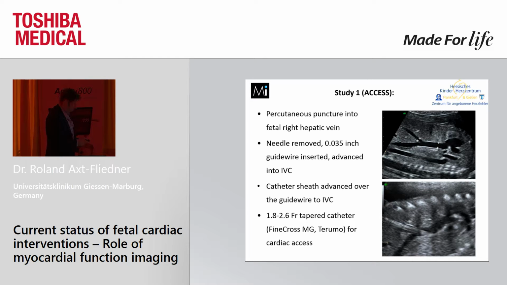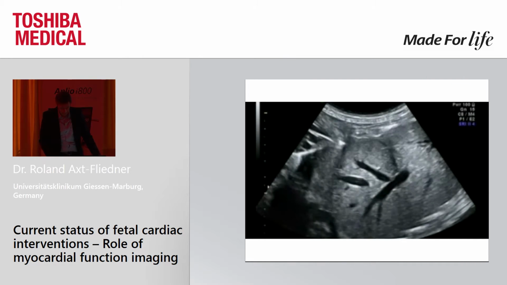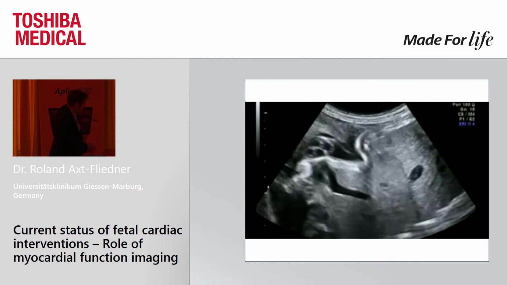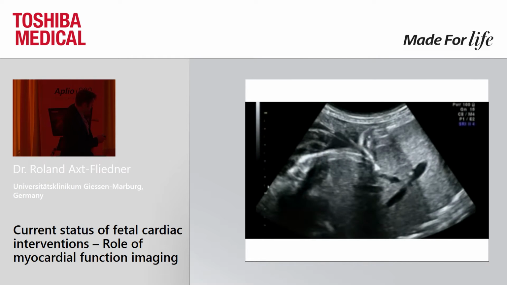And we did this by a percutaneous puncture into the fetal right hepatic vein, but this is also possible in the left hepatic vein, depending on the lie of the fetus or of the fetal sheep. And then we inserted the needle, and I will show you how this is performed.